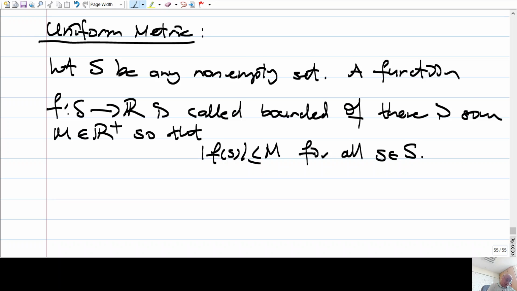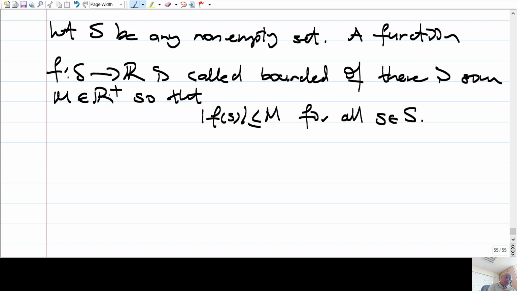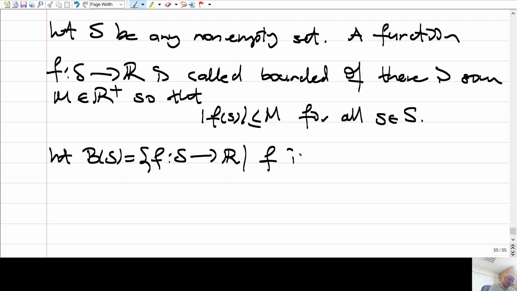All right. Now we define a metric on the set of bounded functions. Let B(S) be the following set: the set of all functions from S to R such that f is bounded.